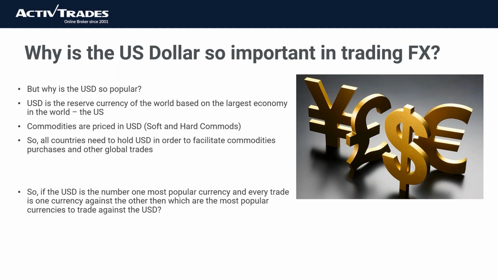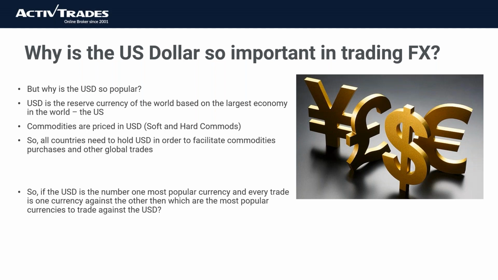But the reality is that international trade is still run on the US dollar. So with that in mind, all countries need to hold US dollars in order to facilitate commodities purchases and other global trades. That explains why the US dollar is so popular, right?